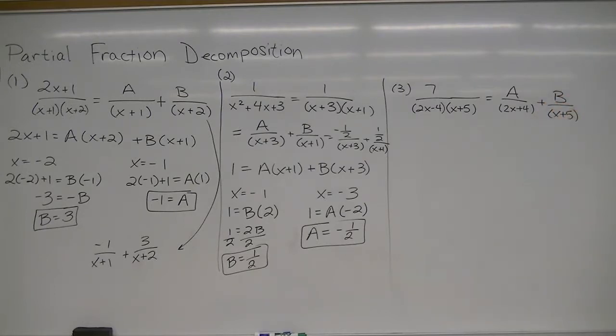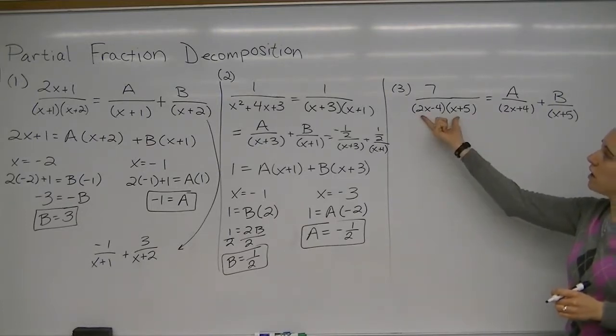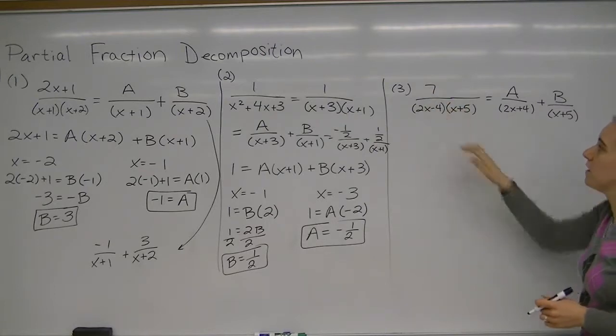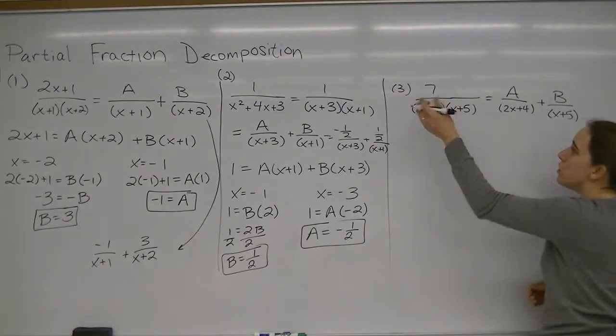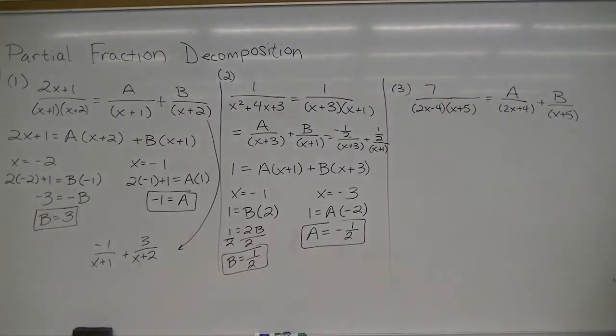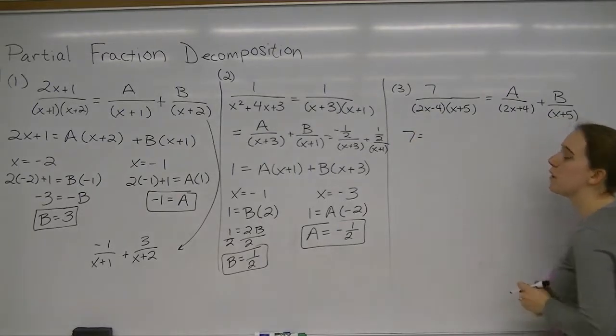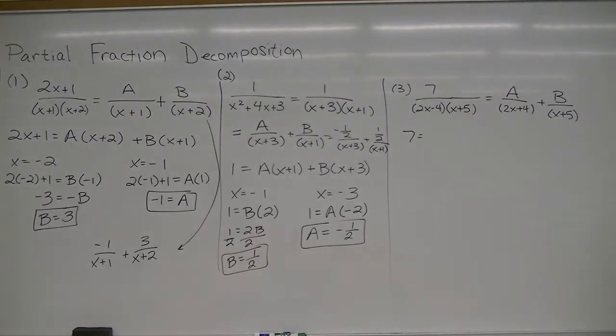So let's get a polynomial to work with. So I need to multiply by this denominator to each piece. So I multiply this whole fraction by this. So I multiply 2x minus 4 times x plus 5 times the fraction. This will cancel with what I multiply by. I'm just left with a 7 on the left side.